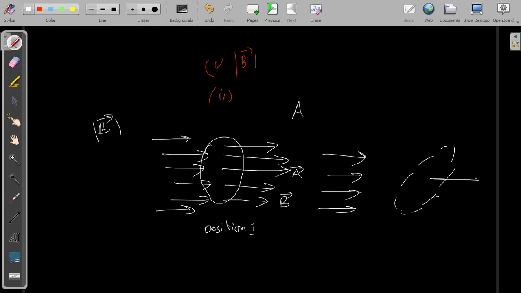This again is our magnetic field direction. Now the area vector direction will again be normal to this plane, that is, it is having some angle like this.